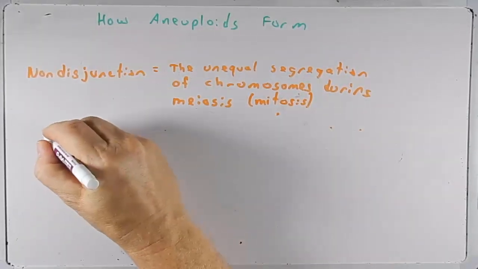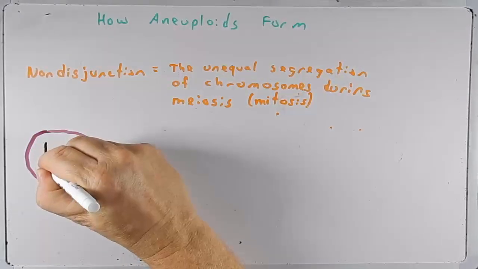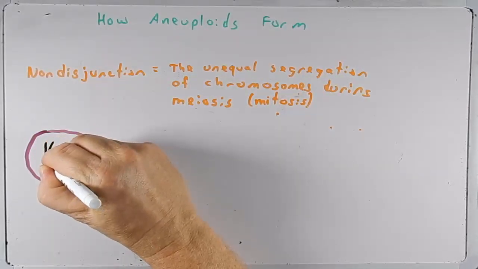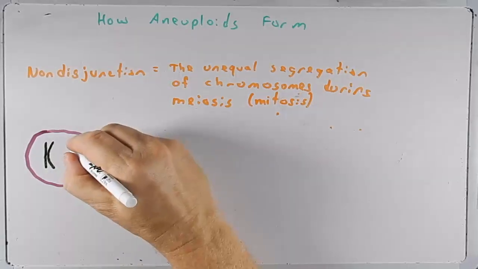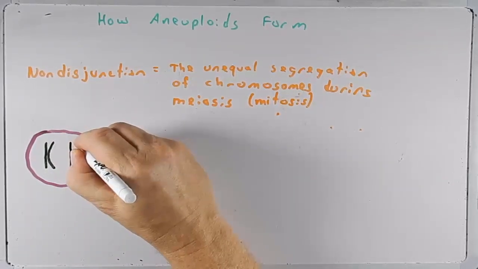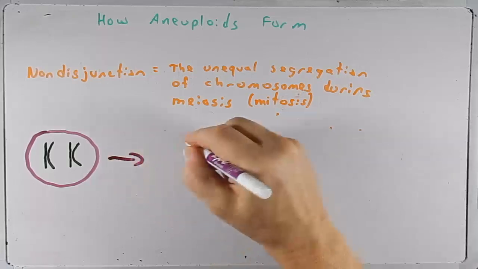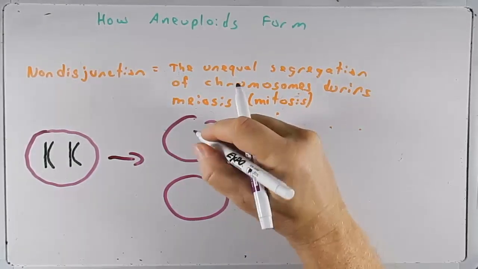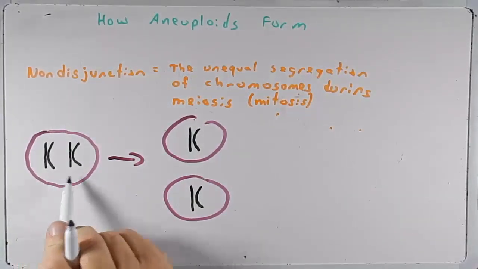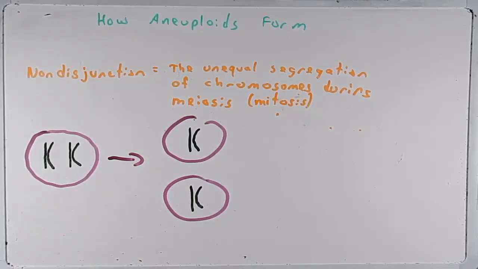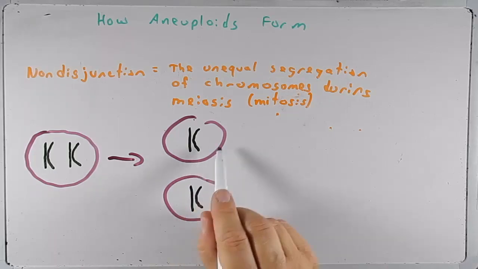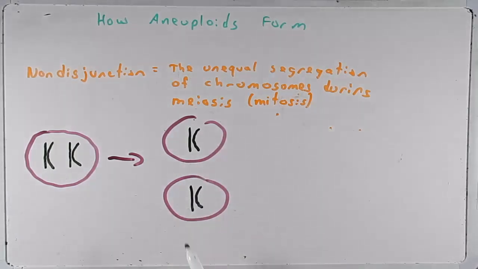So we know that in meiosis, normally, you have your chromosomes that enter it that have been copied. And I'm only going to show one chromosome. But remember, while this is happening, all 23 pairs of chromosomes are doing this exact same thing. And usually what happens is, during meiosis 1, you produce cells that look like this, where these two homologs get separated away from each other, and you just have the cells now with the sister chromatids in them.